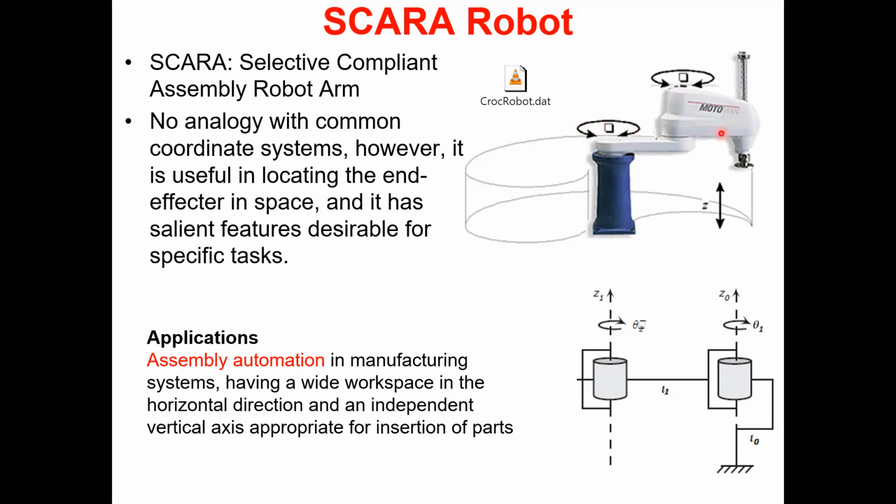When you rotate this joint, you rotate it around the vertical axis. There's a motor here and there's a motor here. This motor provides a torque to rotate the next axis and everything attached to that point outward, around the vertical axis.